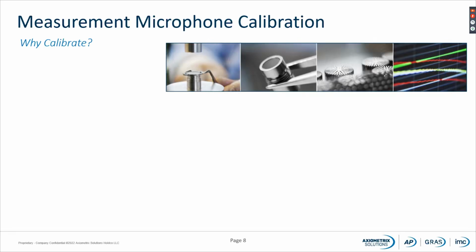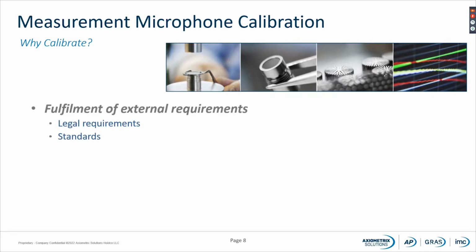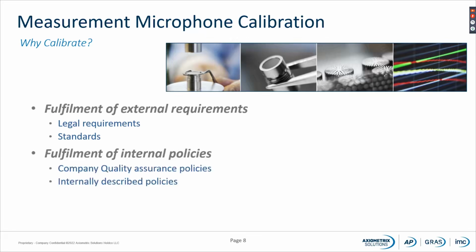Why should we calibrate? First of all, it could be to fulfill external requirements. It could be legal requirements, because the measurements you are performing have to be according to certain standards and legal standardizations. It could be that you have to fulfill some standards.